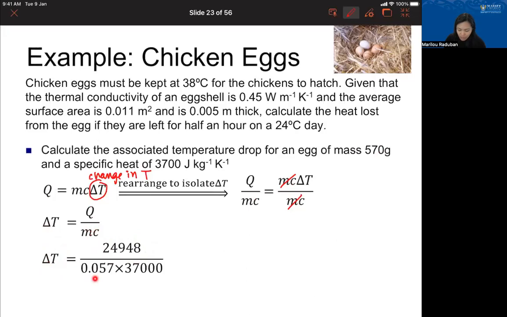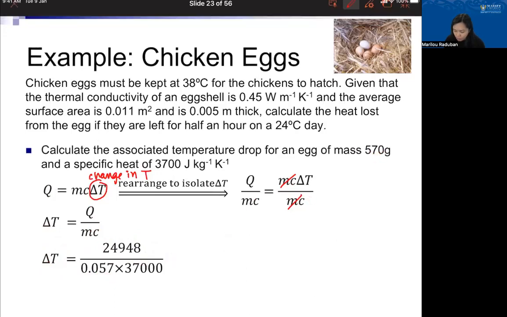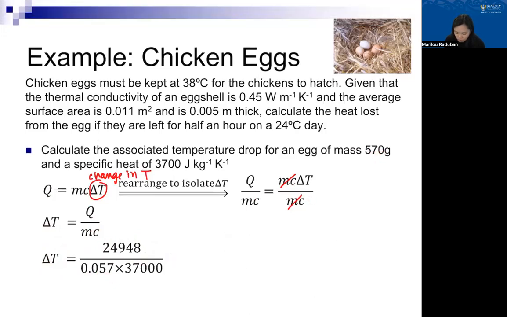The mass of the egg has to be in kilograms. We divide grams by 1,000, so this should be 0.57. Yes, 570 divided by 1,000 is 0.57 kilograms.